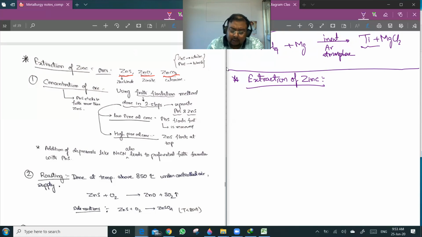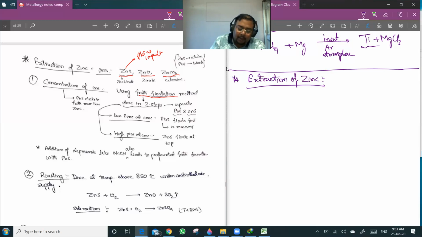When talking about concentration of the ore, we use the froth flotation process because zinc sulfide is a sulfide ore. Generally, zinc sulfide has PbS as an impurity. We use froth flotation, but both PbS and zinc sulfide stick to the froth.